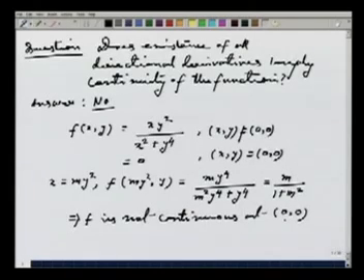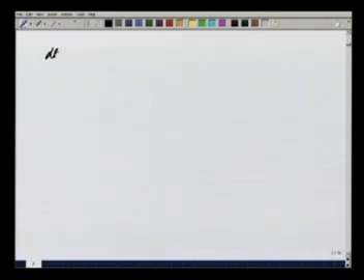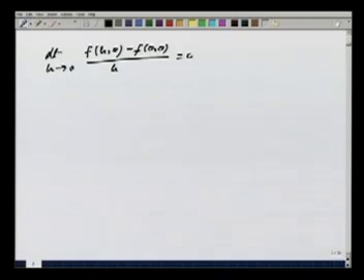But then what about the directional derivatives? First note that the usual partial derivatives exist, because limit h going to 0, f of (h, 0) minus f of (0, 0) divided by h turns out to be equal to 0, because f of (h, 0) is anyway 0, follows from the definition of the function.